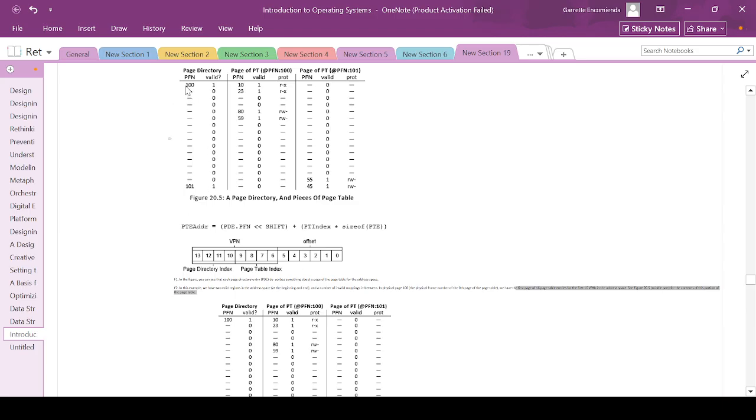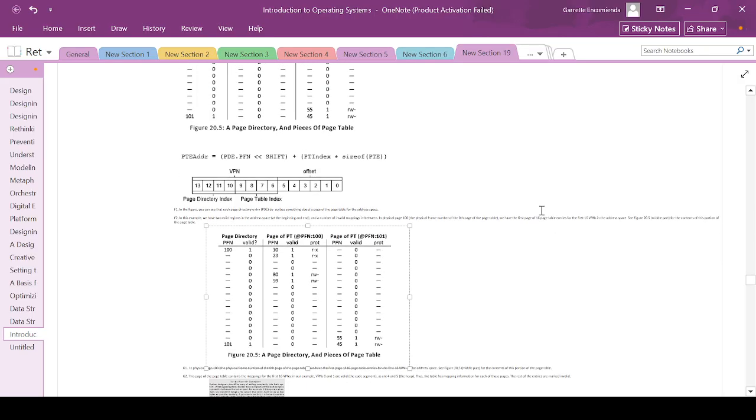Since we divided 256 into 16 entries for the page directory, we have the first page of the 16 page table entries for the first 16 VPNs, which is part of our page directory in the address space. See figure 2.5, middle part, for the contents of this portion of the page table.